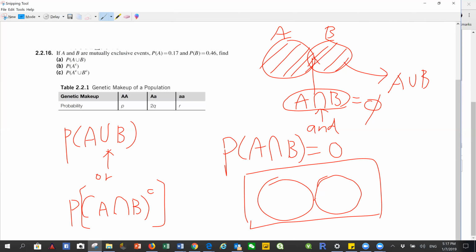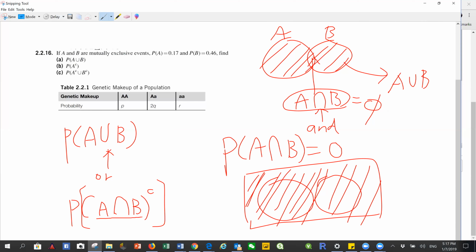So the complement set is everything. Everything other than the empty set is everything. Okay, so in this case, A and B is the empty set, which is 0. So that's 1 minus 0. That's 1. The answer is 1. So it's obvious.